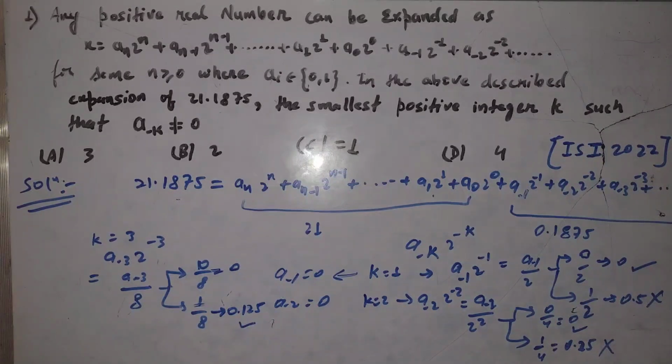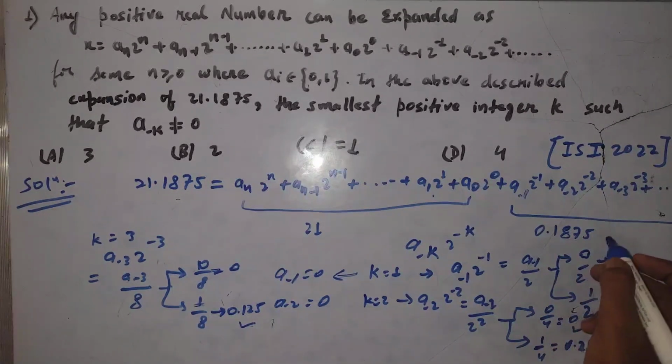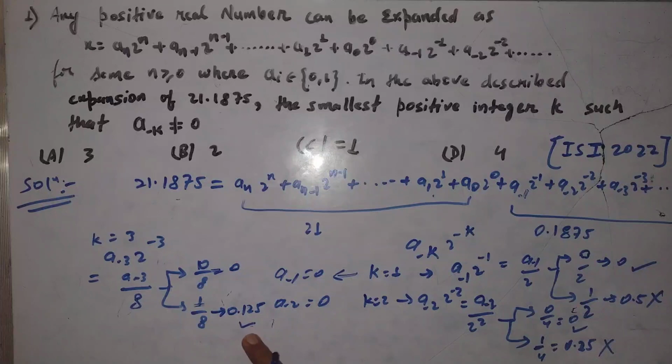Now this is acceptable. Why is it acceptable? Because this is smaller than the fractional part, so the terms after it can add up to the remainder. But if this number were bigger than the fractional part, then we would cancel it as well, which means that we can take a_(-3) not equal to 0. So the smallest k which we can take non-zero is 3. That's our answer.